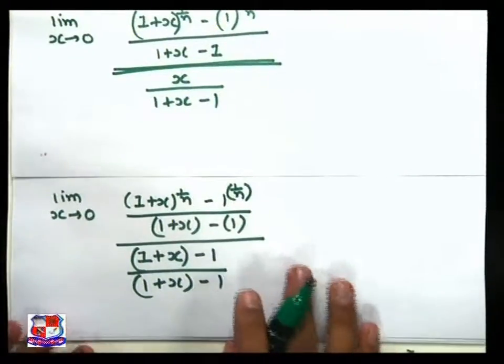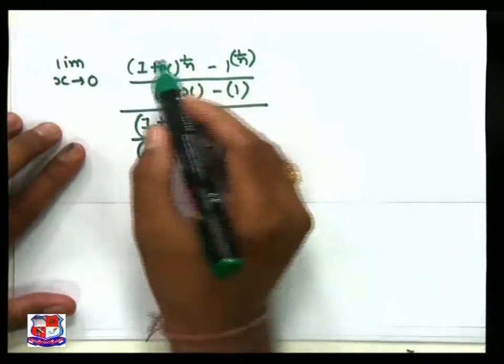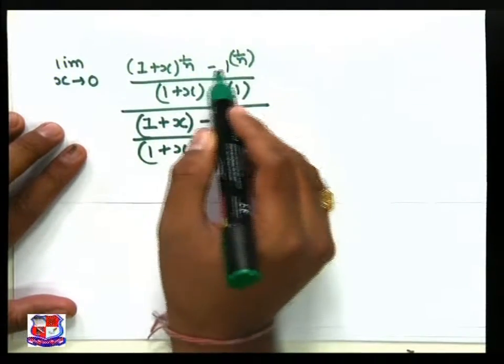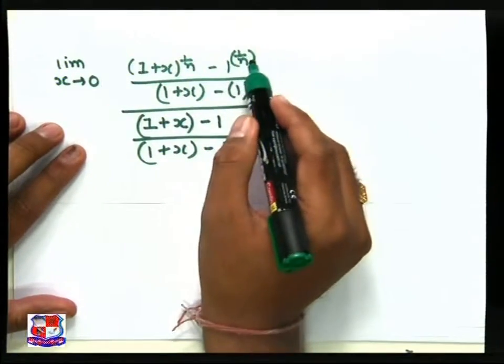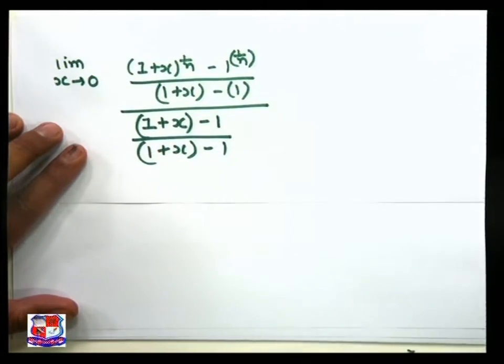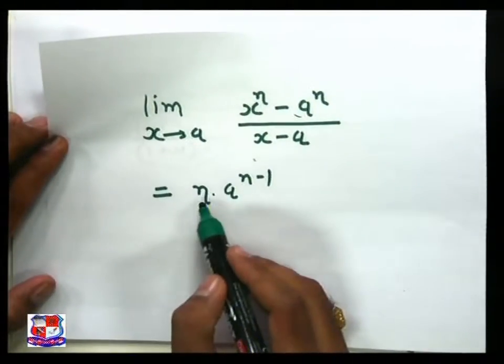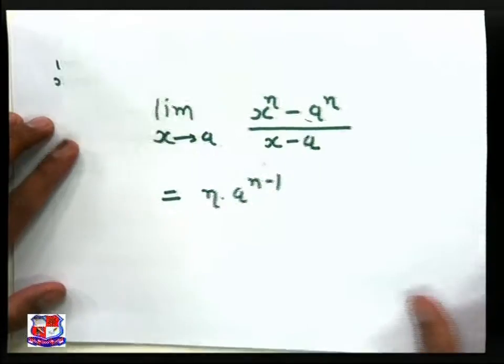Now time to again simplify this sum. Here 1 upon (1 plus x) raised to 1 upon n minus 1 raised to 1 upon n, and here the without-power term is 1 plus x minus 1. So in this way we can simplify using this formula, that is n into a raised to n minus 1.